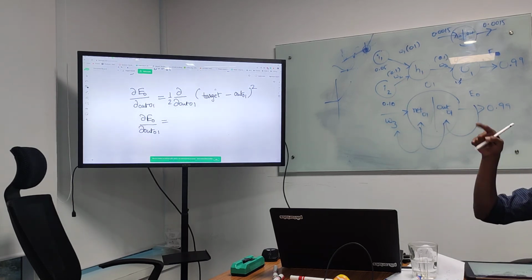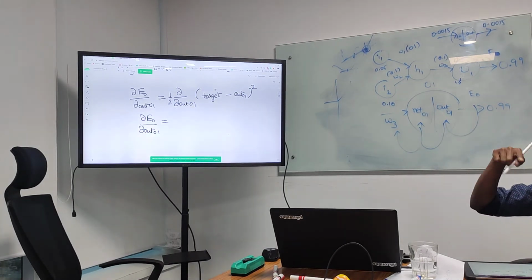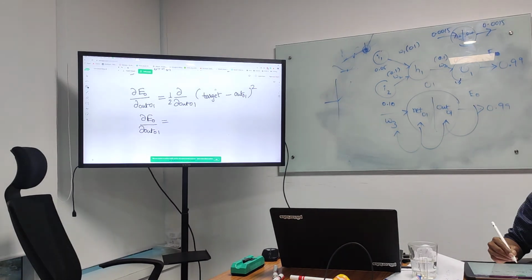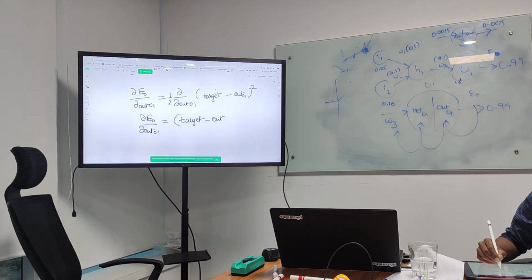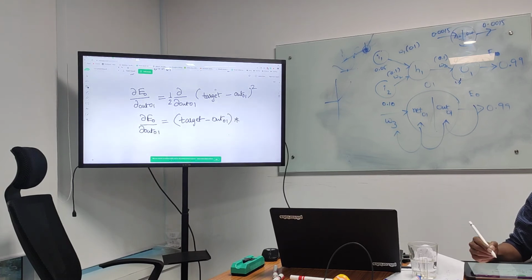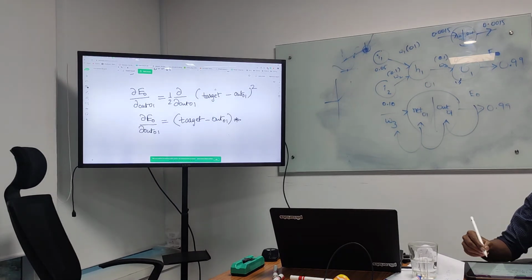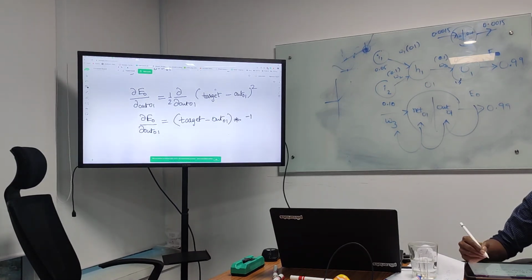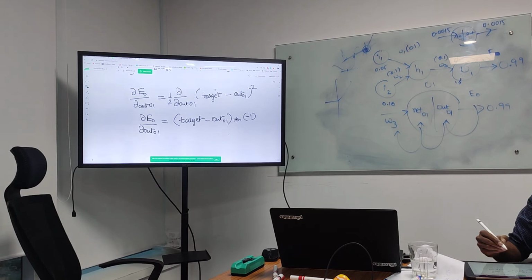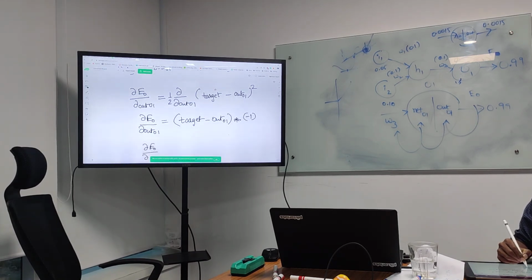That's why we define half into that square. So you will be left with target minus out O1 into d by d out O1 of target minus out O1. That will be minus 1. Clear?